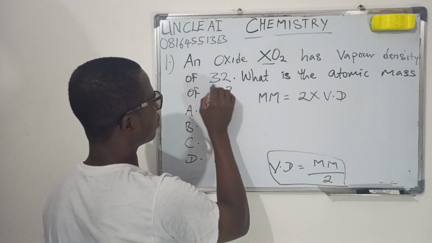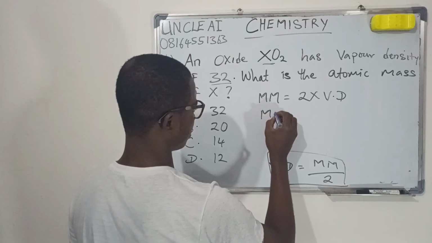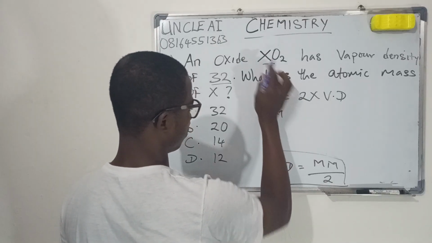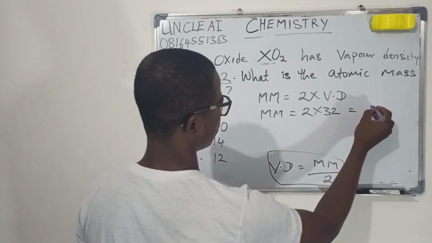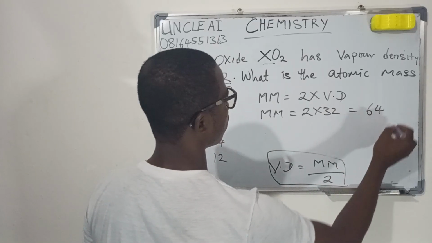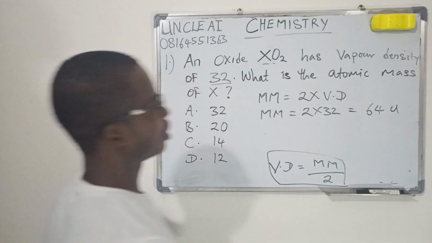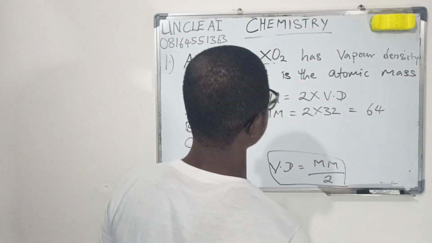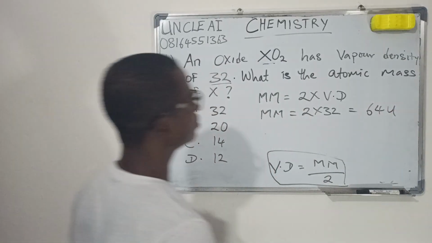Since we were given vapor density to be 32, we have that the molecular mass of this compound will be equal to 2 times 32, which gives us 64 amu, or 64, because it's not the molecular form, we have it 64 amu.